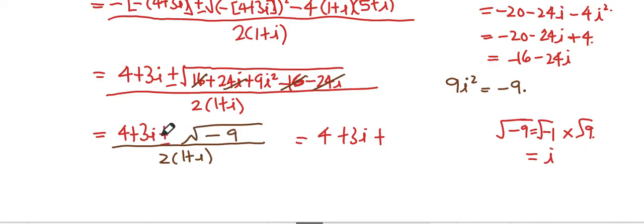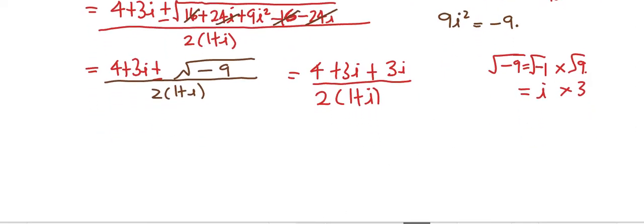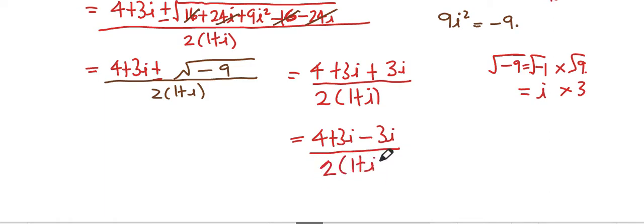So we have two solutions: (4 + 3i + 3i) over 2(1 + i), or the other solution, (4 + 3i − 3i) over 2(1 + i). These are the two solutions that we have.